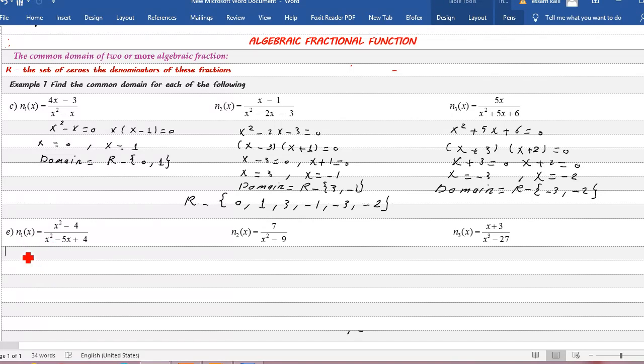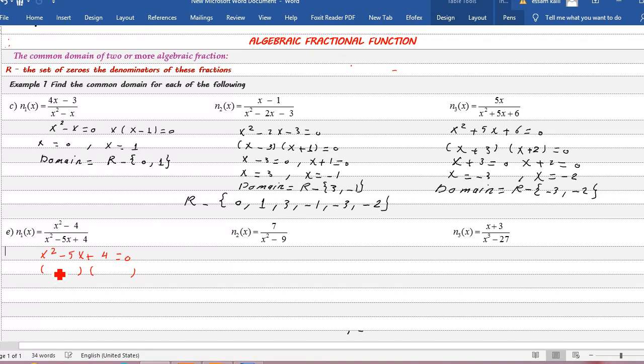Letter E. N1, find the sets of 0 of the denominator: x power 2 minus 5x plus 4 equal 0, open two brackets.